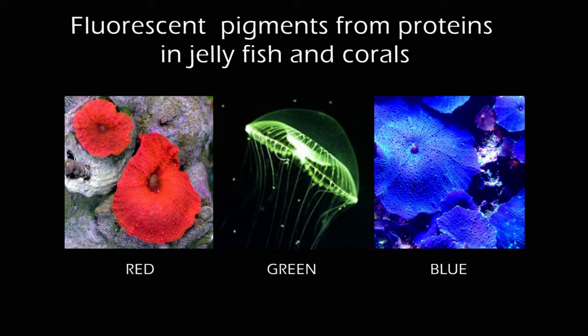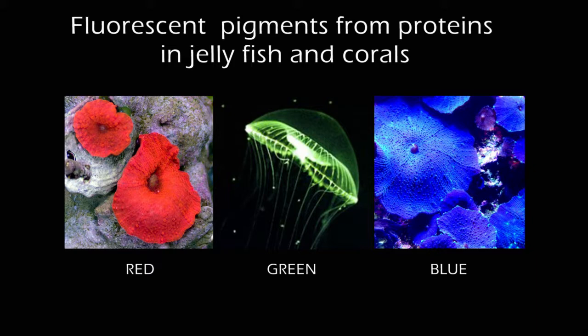And we took advantage of the fact that there's been a revolution in cell biology, in that humans have figured out how to get jellyfish genes inside mammals. And these are genes for fluorescent proteins from jellyfish and from corals.